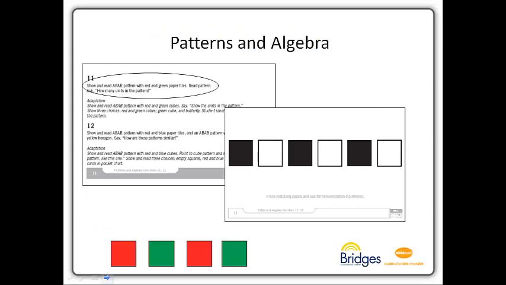Here's an example of an item from the Patterns in Algebra subtest. The typical item reads, show and read AB pattern with red and green paper tiles. Read the pattern. So the teacher would read red tile, green tile, red tile, green tile, and then ask the question, how many units in the pattern?